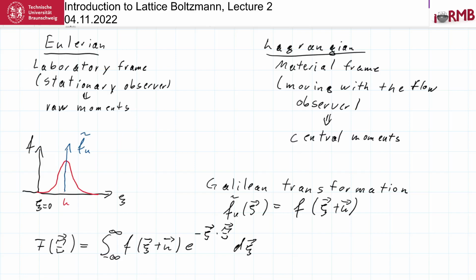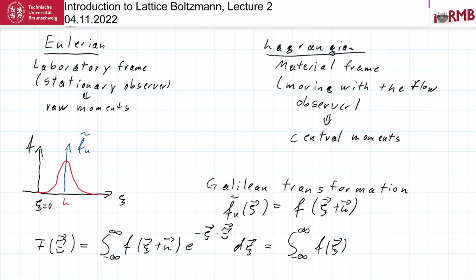Now, because this is an integral from minus infinity to infinity, so it has no bounds, we can shift the entire thing inside the integral. Very simple. We shift this because the bounds will not change. So I shift this by u.